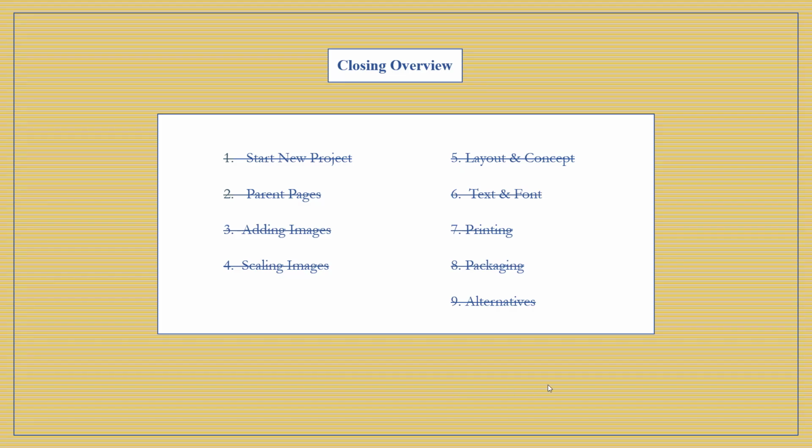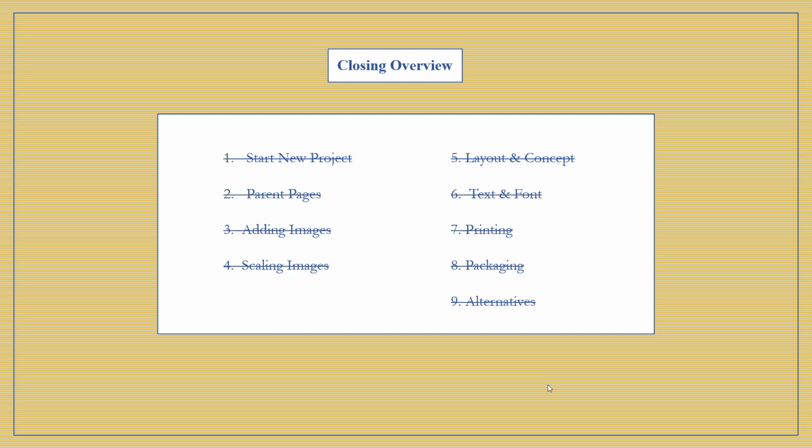Right, so here we are at the closing overview of the videos made for this tutorial, a beautiful Colorado and InDesign tutorial. So we have talked about starting a new project, creating that project, opening it up, talking a little bit about pages, sizing, etc., what parent pages are, master pages, and how to use them. We've talked about adding images, scaling images. We've talked a lot about layout and concept.